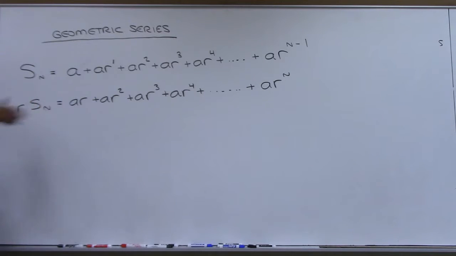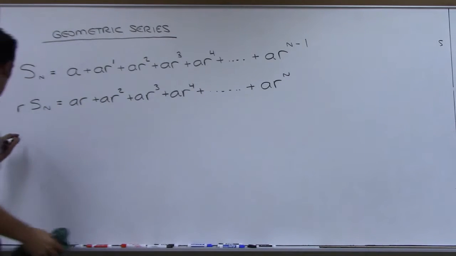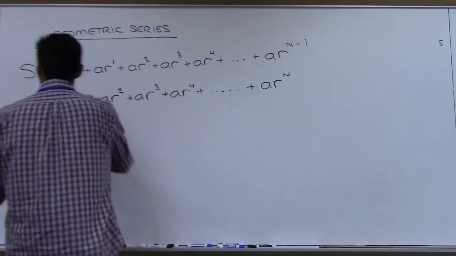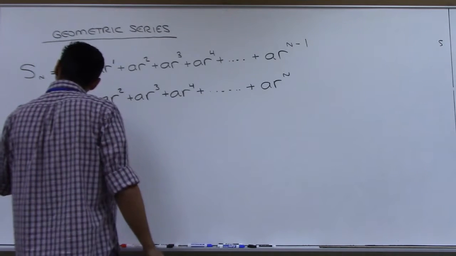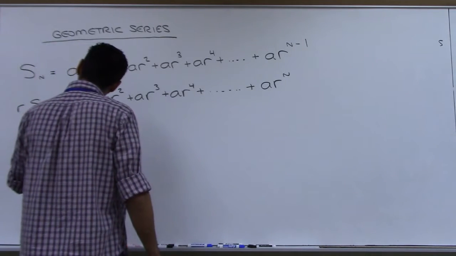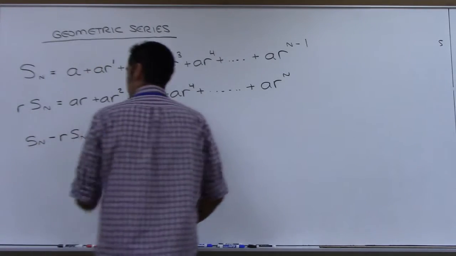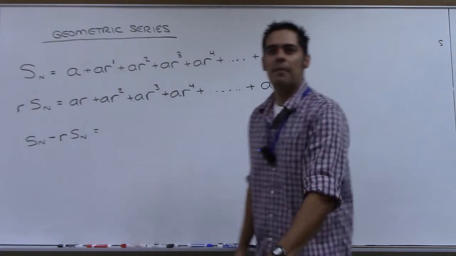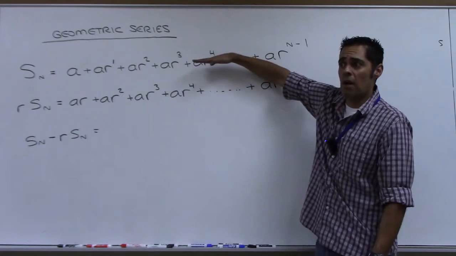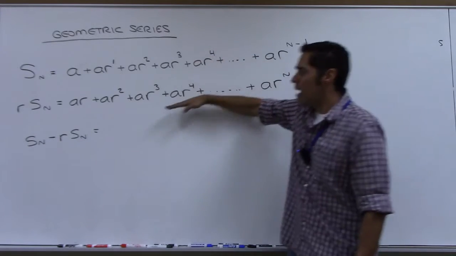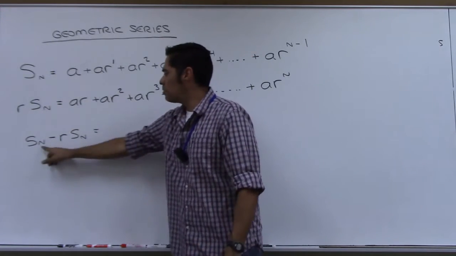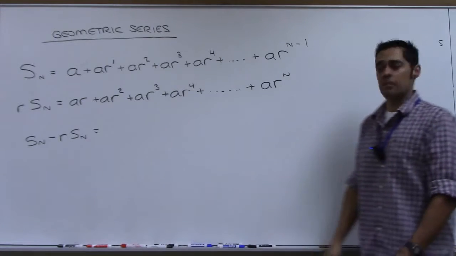Yeah? No one disagrees? Okay, now I would like you to tell me what S sub n minus r S sub n is. So if you take the top row and subtract the bottom row, what happens?